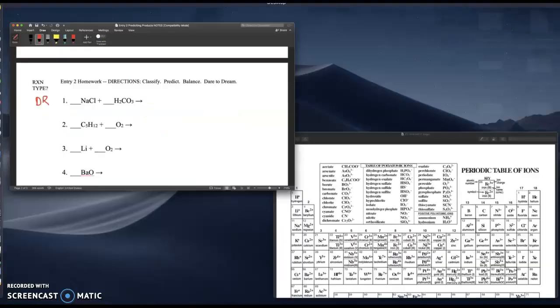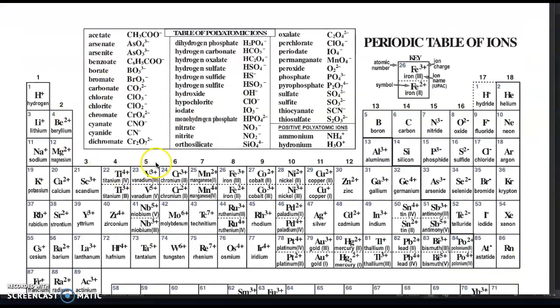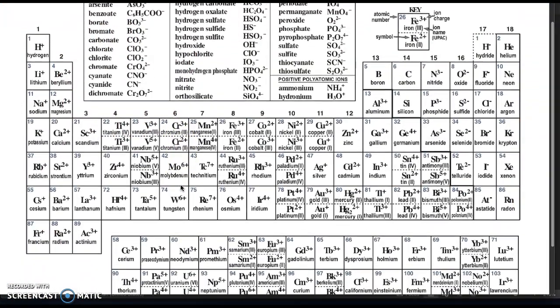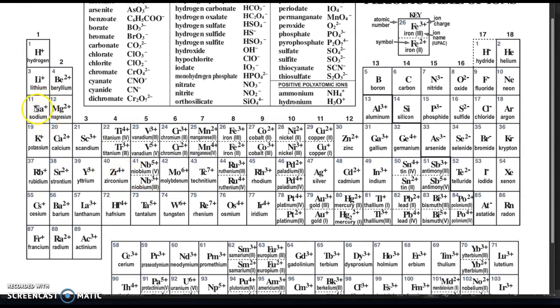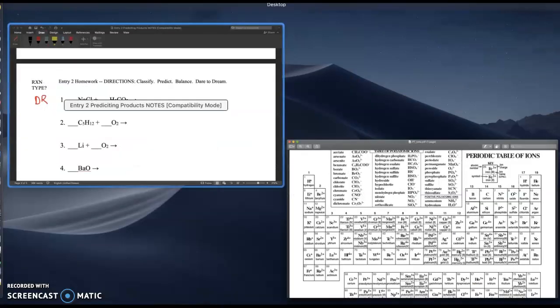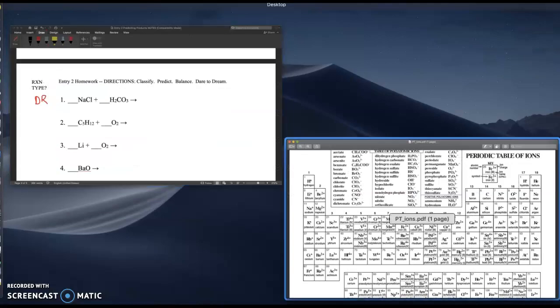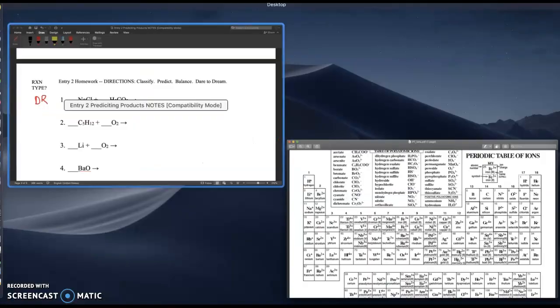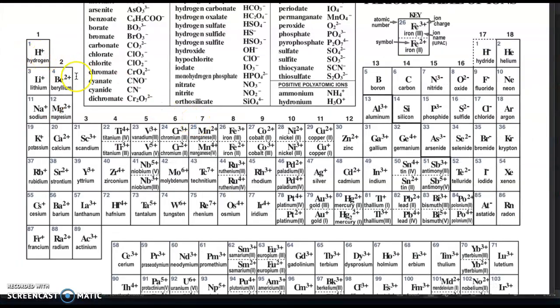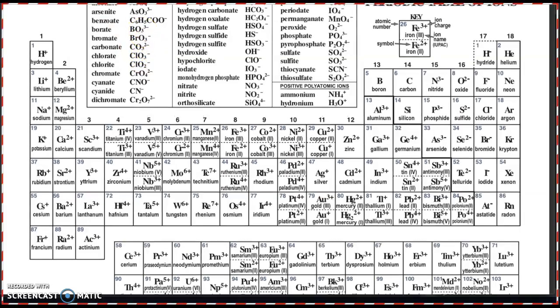So the first part, and this is the important piece here, is referencing your ions periodic table. This is on the main page of the Schoology. So sodium right here is a +1, and that's connected to chlorine, which is a -1. So I know the charge is both of those. And then I got hydrogen and carbonate. Hydrogen's a +1, and carbonate CO3 right here, the charge is listed -2.